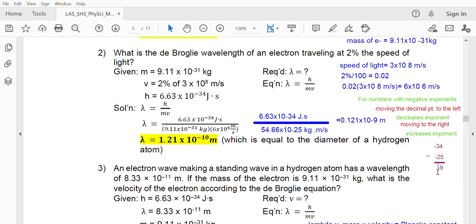So that becomes positive 25. So, we proceed to addition. Minus 34 plus 25 is minus 9. The negative sign here comes from minus 34.